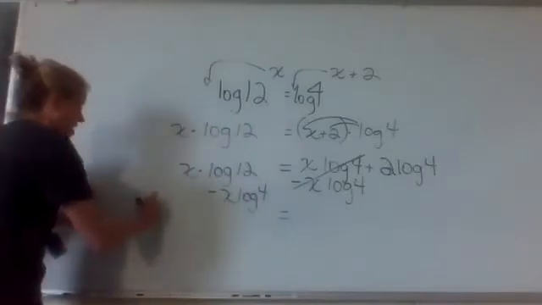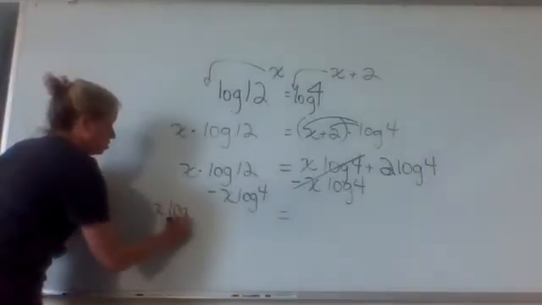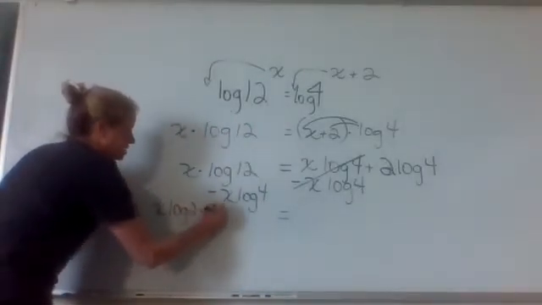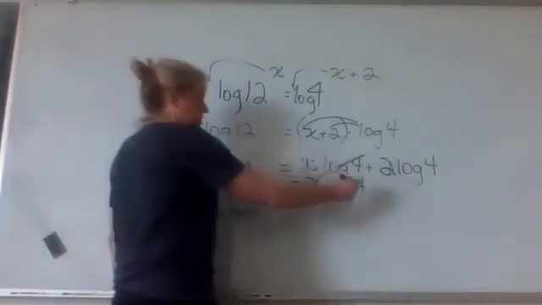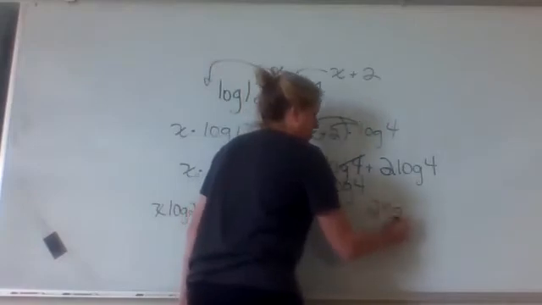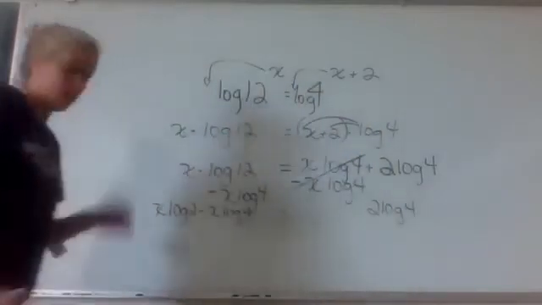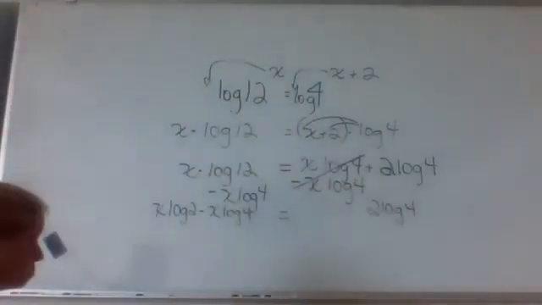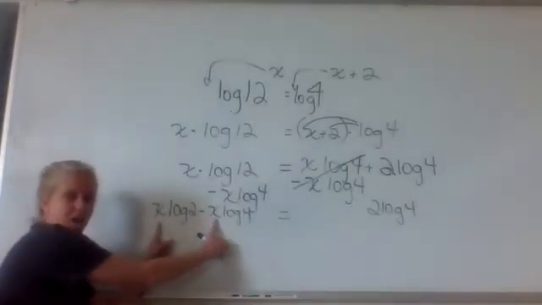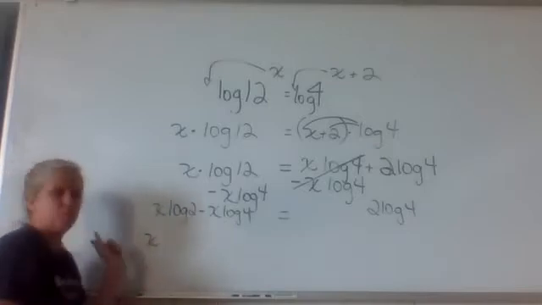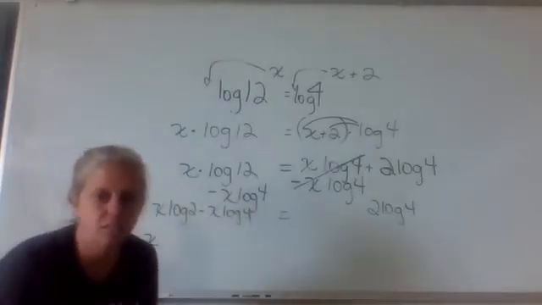On the left, I have x log 12 minus x log 4. I'm just going to bring this side down, 2 log 4. So again, the whole reason we moved this x term over here is so that we would have all our x's on one side, so we could pull out the x.